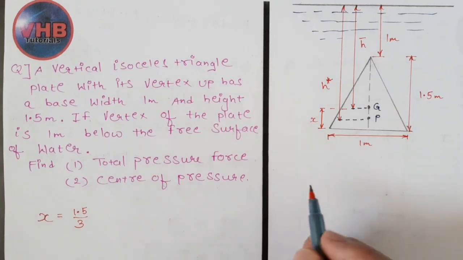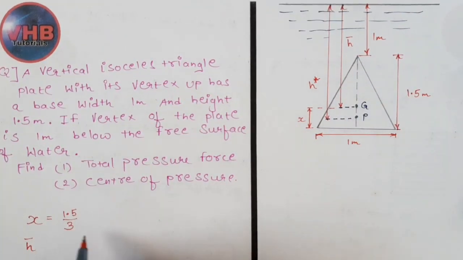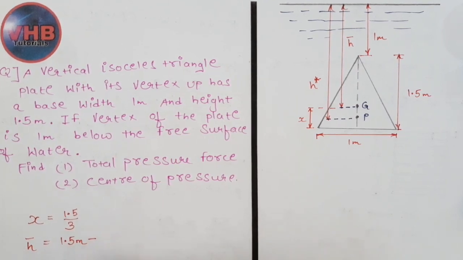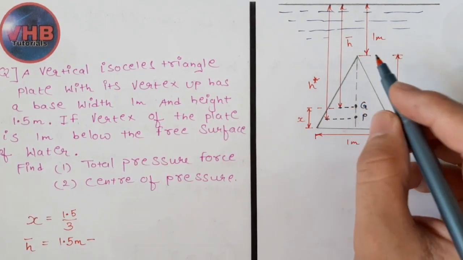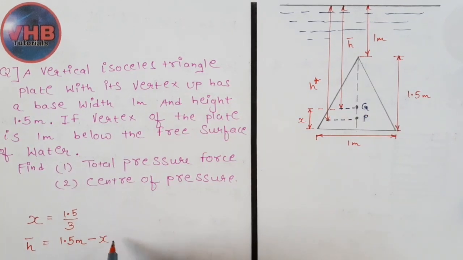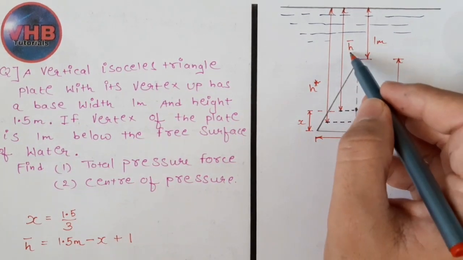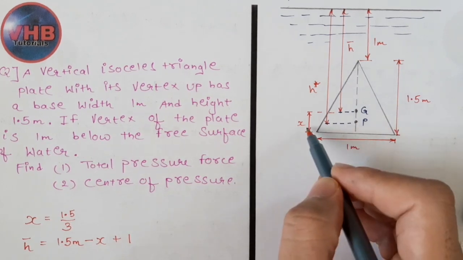Now we want to find this H bar. So what is H bar? From the figure you can see it is 1.5 meter minus this x, plus 1, and then we get the height of the centroid from the free surface of the liquid, because H bar equals 1 plus 1.5 minus x.